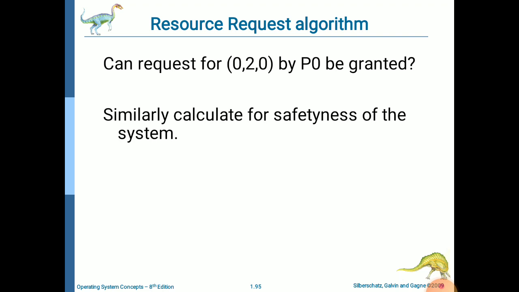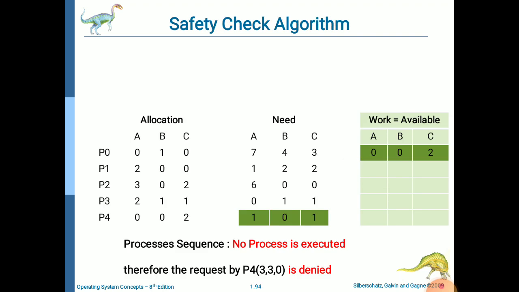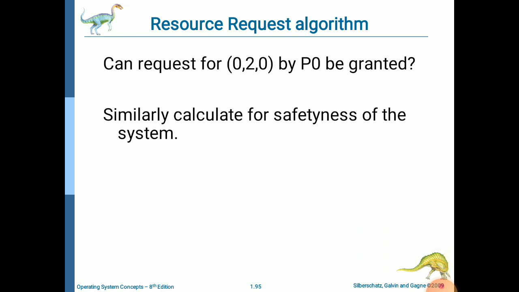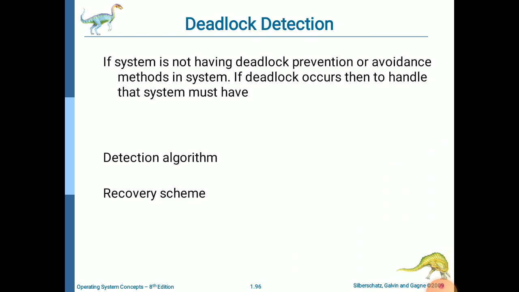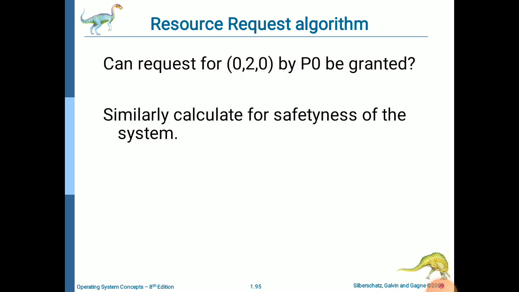Here, just look at the previous one. In the allocation matrix, the last row, P4, must be considered as 332. Make a small correction here: 332 must be made. So this is all about the resource request algorithm and Banker's algorithm.